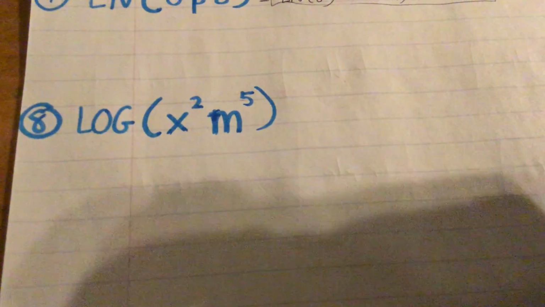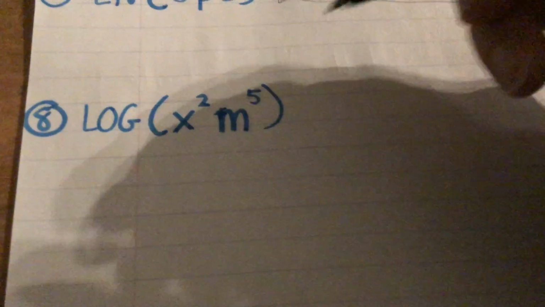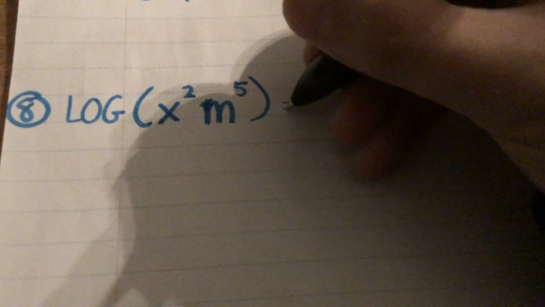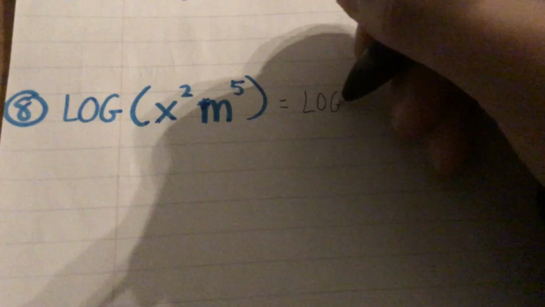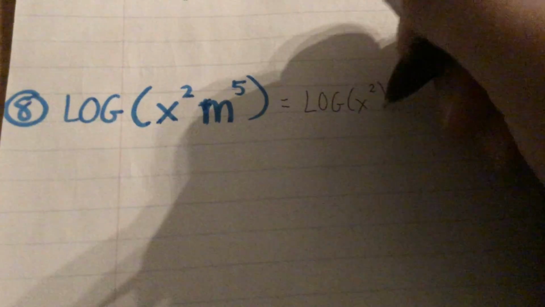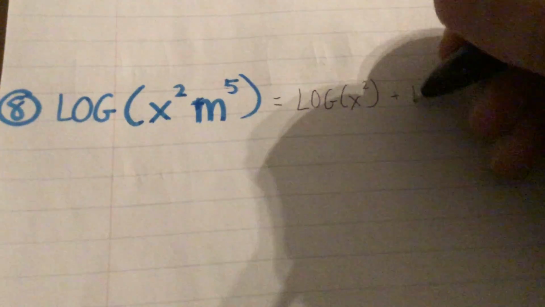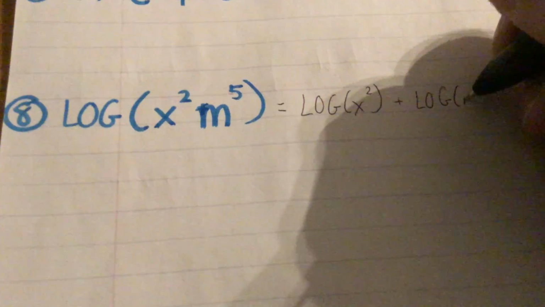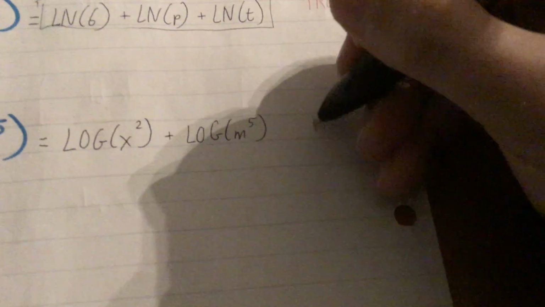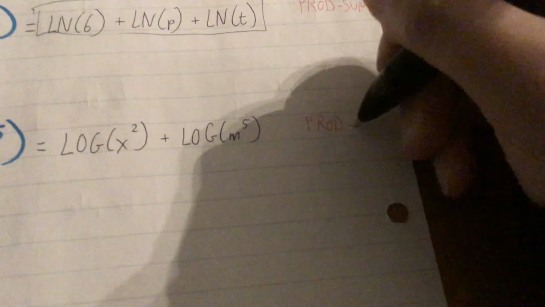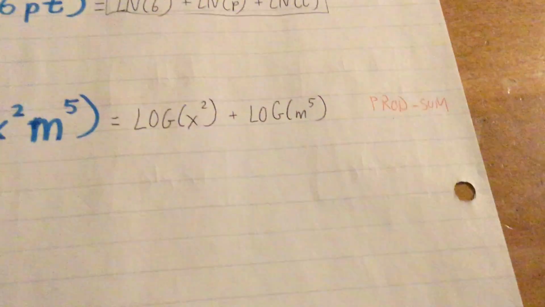So now I've got log of x squared plus log of m to the 5th. Right? And the reason why I did this is because of the product sum rule.